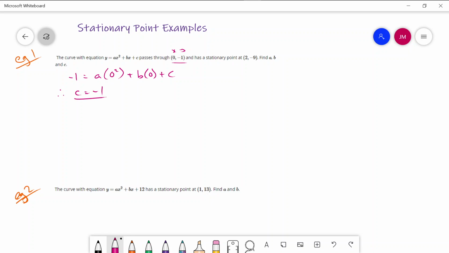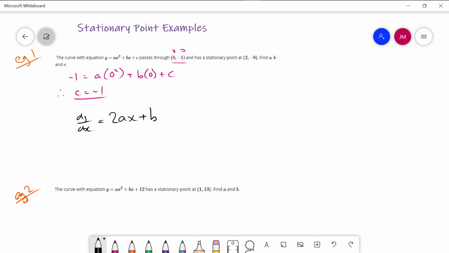We know it has a stationary point at (2, negative 9), and we know stationary points occur when the derivative is equal to 0. So let's find the derivative. So dy/dx would be, in terms of a, b, and c, we're thinking they're just constants. So just treat them like whole numbers. So times the power of 2 down the front, you get 2ax plus b, and c would drop off.